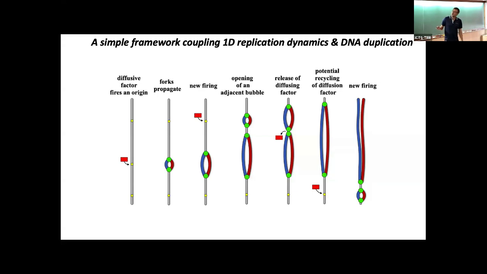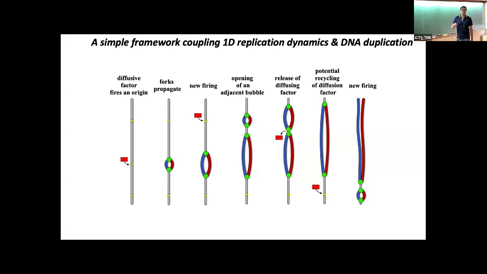You have origins of replication that can fire, which opens a bubble. Sister forks progress along the genome in opposite directions, increasing the bubble size. Another origin may fire just after, giving another bubble. You have progression, and when the bubbles meet, they merge into larger bubbles, and so on. That is the replication of the genome.